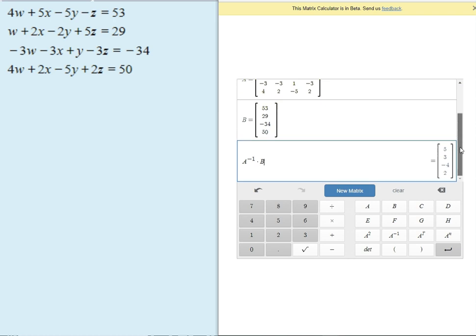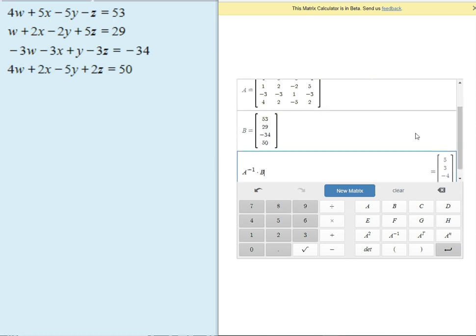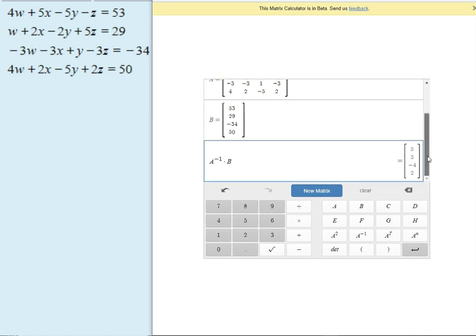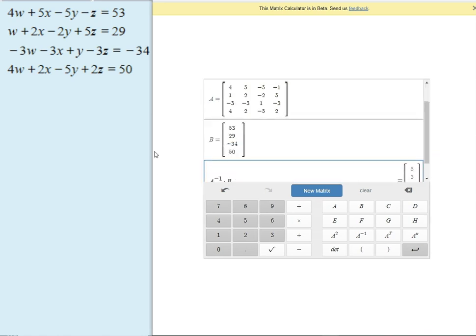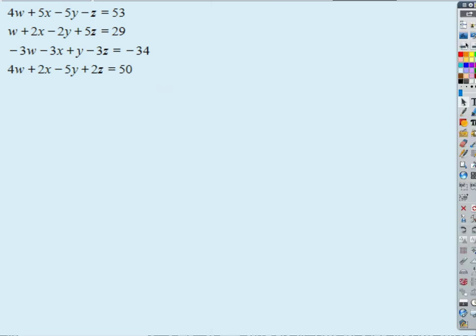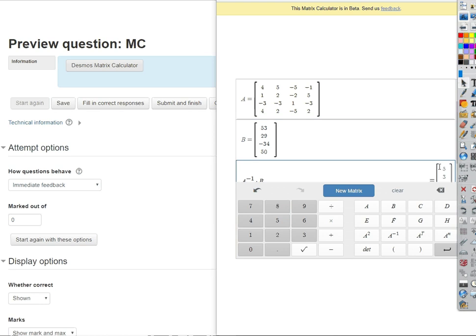Okay, so now let's take a picture of that. Come on. How come I can't make that any bigger? That's too bad. Okay, so there's matrix A. Let me take some pictures and I'll put them in the notes.